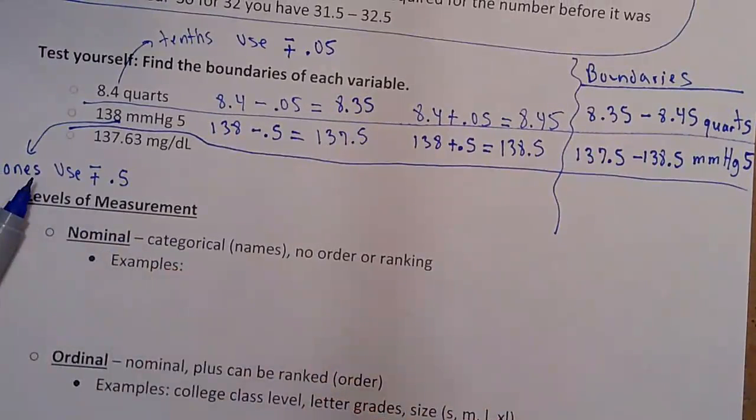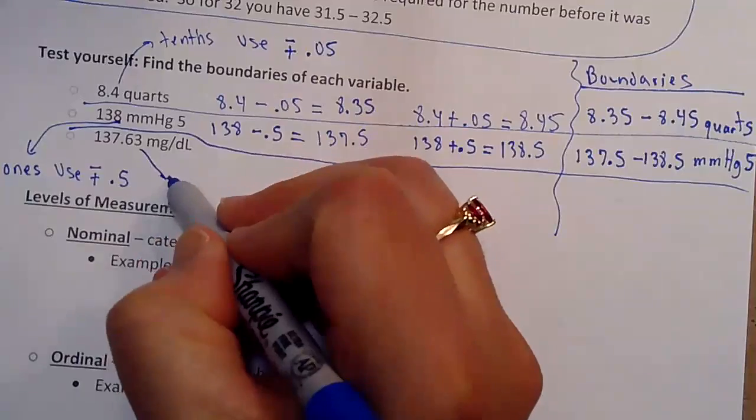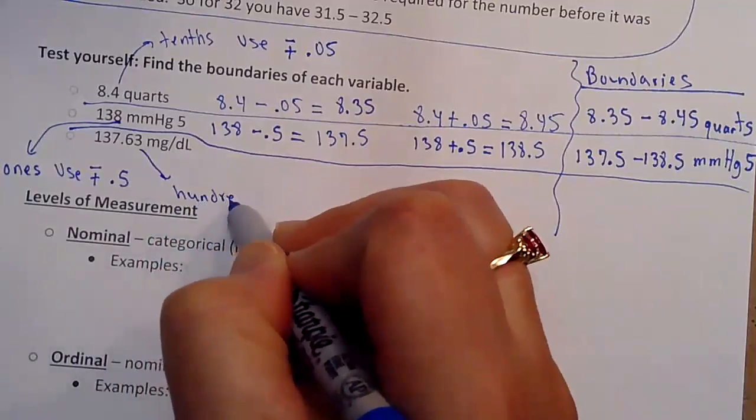All right, you see this last one here? 137 and 63 hundredths, in milligrams per deciliter. So this is 0.63. Notice how this 3 is in the hundredths place.